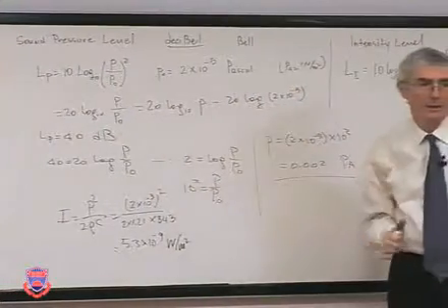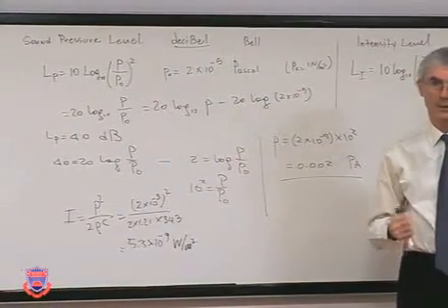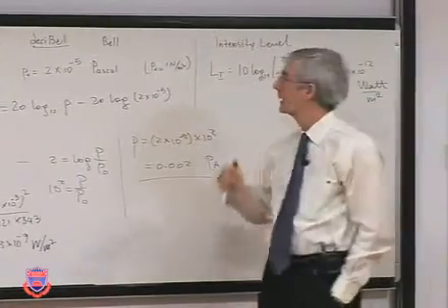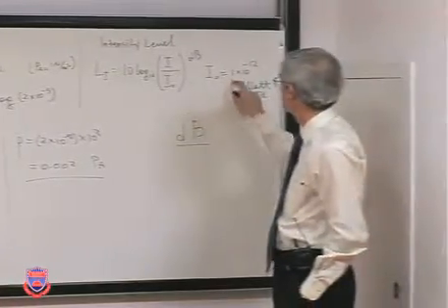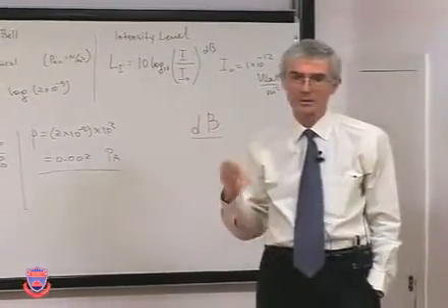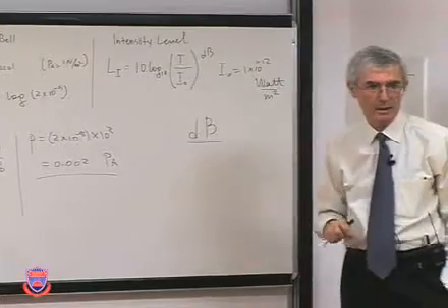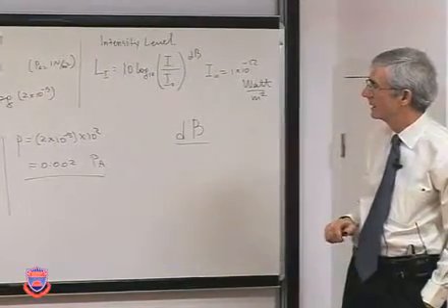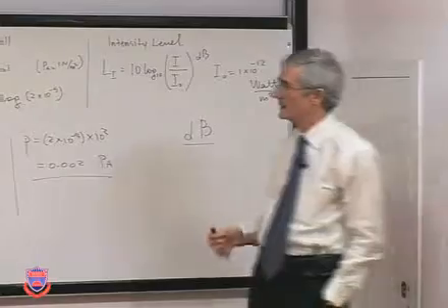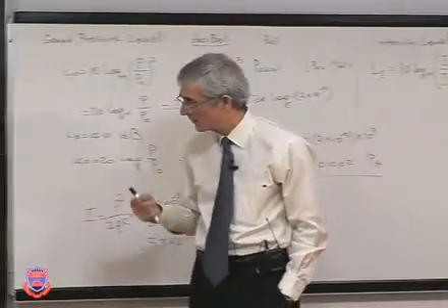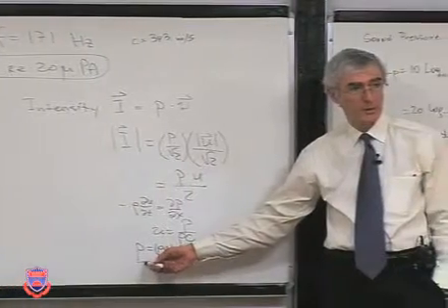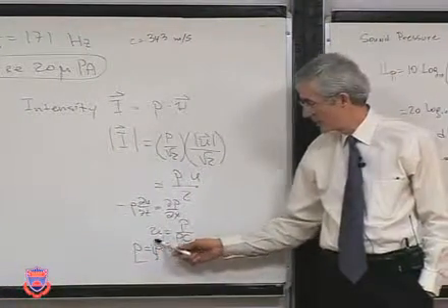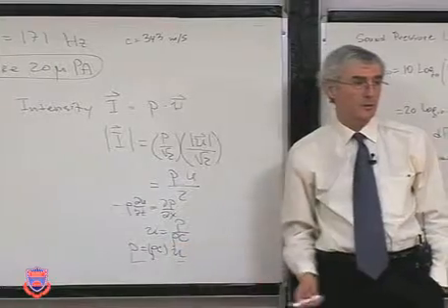So the first thing you learned was the definition of levels: sound pressure level, intensity level. You can write the same thing about power level. There's a reference for it, which is the same number, actually, because it's just intensity times area. And the second thing you learned is the relationship for a plane wave between pressure and particle velocity through the impedance of the fluid medium.